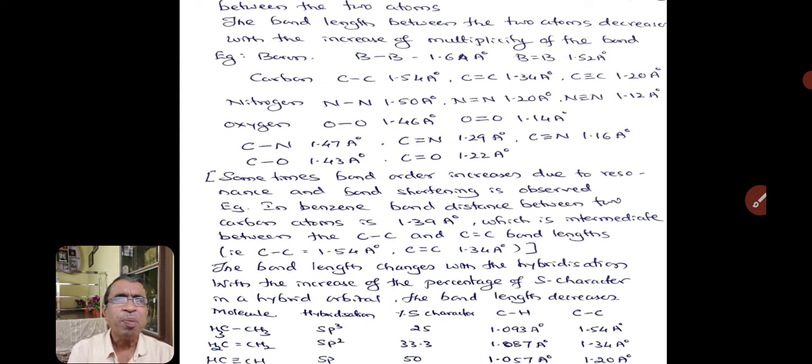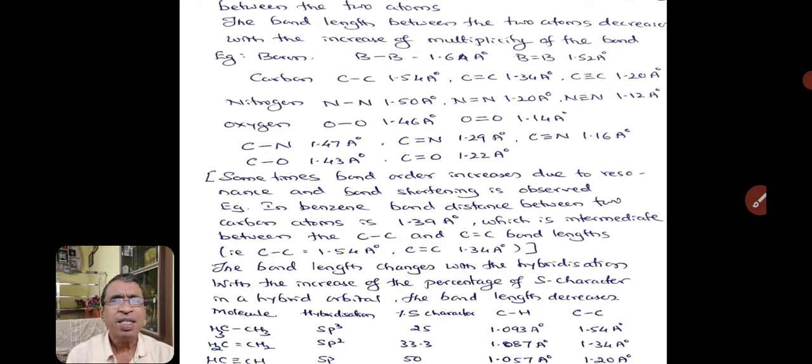The bond length between two atoms decreases with an increase in the multiplicity of the bond. Example, the B single bond B bond length is 1.64 angstrom, whereas the B double bond B bond length is 1.52 angstrom.